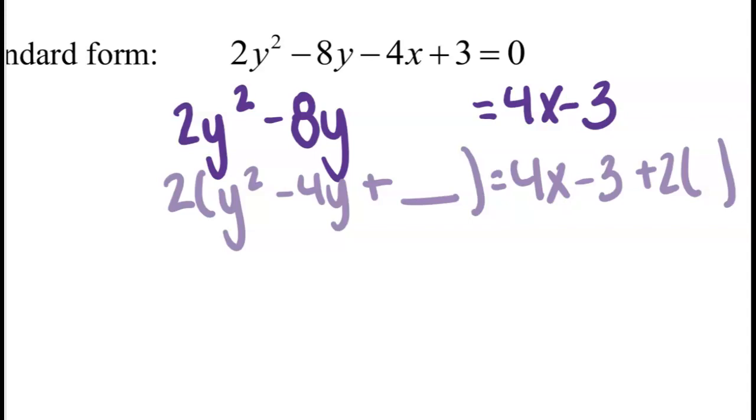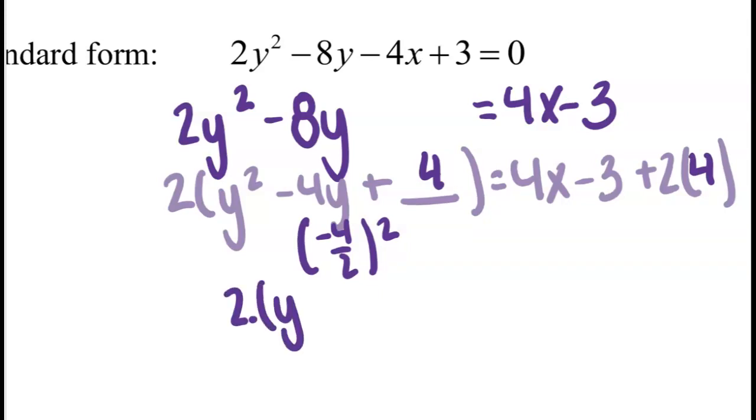B divided by 2 and squared is 4. So I'm left with 2y minus 2 squared is equal to 4x. Negative 3 plus 8 is negative 5.